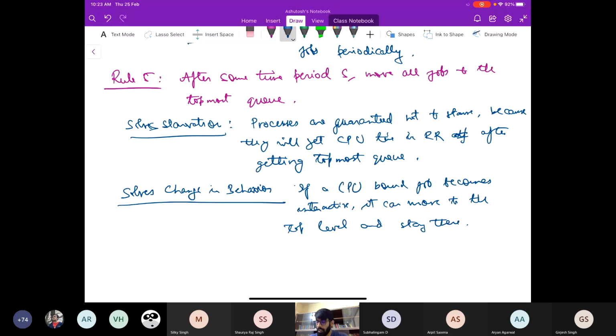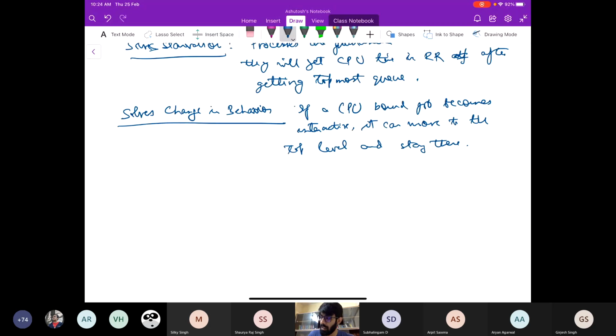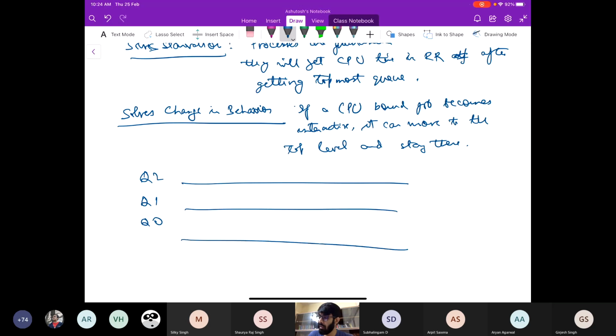Okay. So there is an example in the book. I'll briefly outline that. Suppose we have Q2, Q1, Q0. Without this rule and with this rule, suppose again there was A which was doing this, and then came two interactive jobs which were using the CPU in tandem.